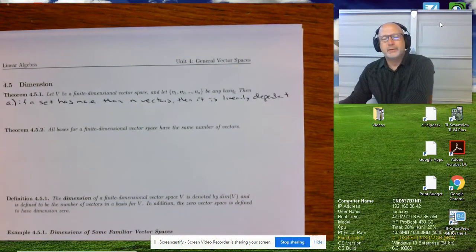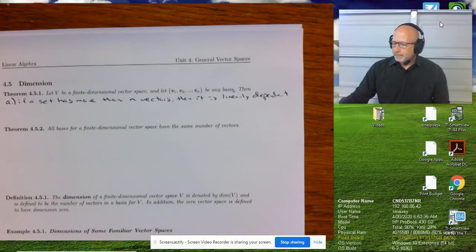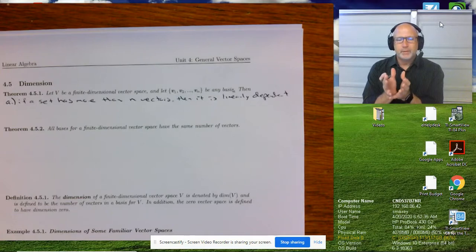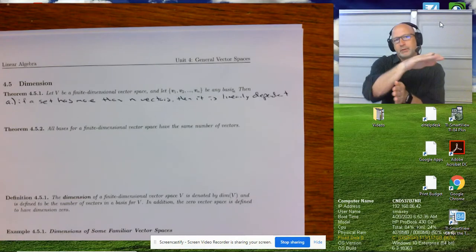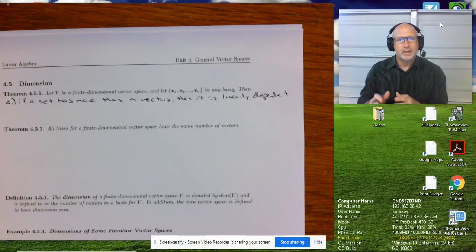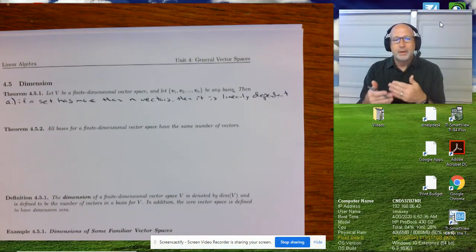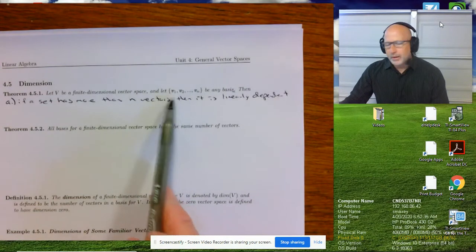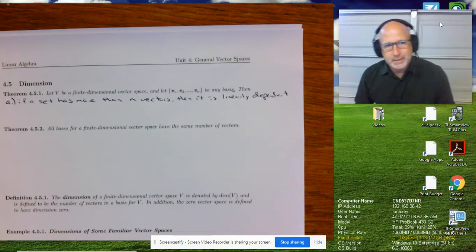We know that this is the case because in order to create that space, we only need that many vectors. If you add one more, that's really not adding any more information to the problem. That's just giving you an extra piece. So that extra vector is going to have to be some sort of linear combination of these other vectors, which would make it linearly dependent.